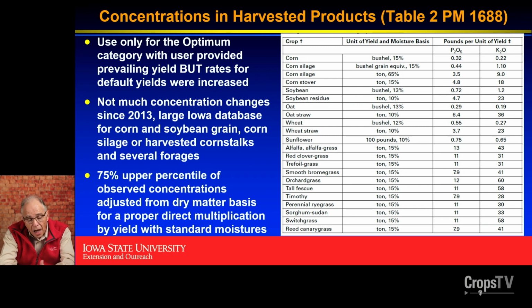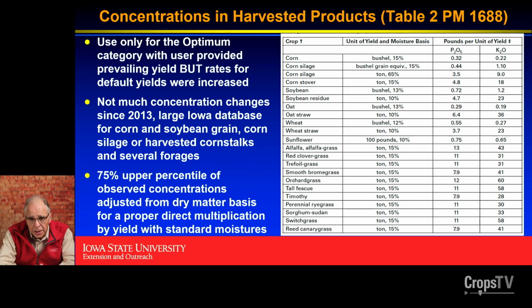So we analyzed thousands of samples, and in 2013 we updated the concentrations and made them so one can multiply the yield directly, using a standard moisture, for example 15% or 13 or whatever, in order to find the removal. It is important to say again that we recommend using the removal only for the optimum class, to maintain.